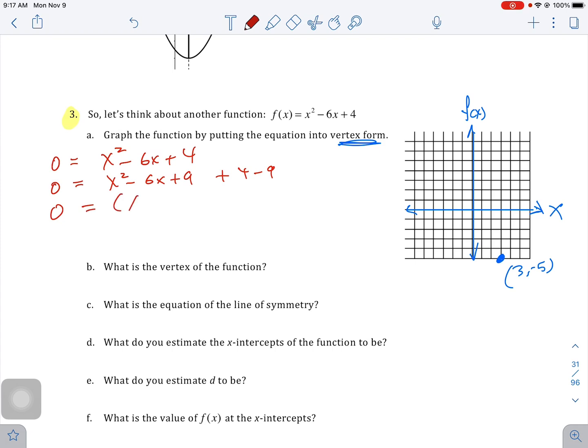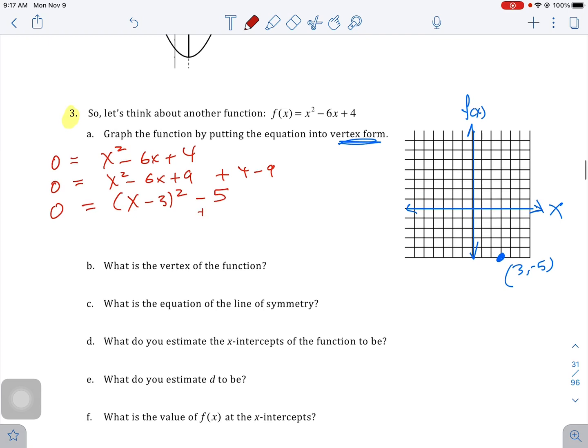So we now have x minus 3 squared minus 5. If you add 5 to both sides, I'm going to write x minus 3 squared equals 5. And then we can use that.